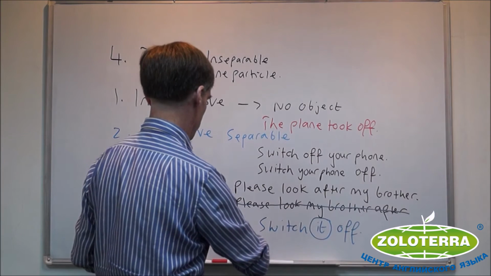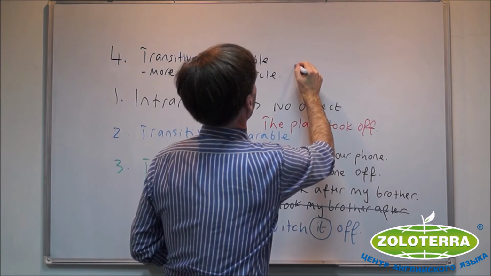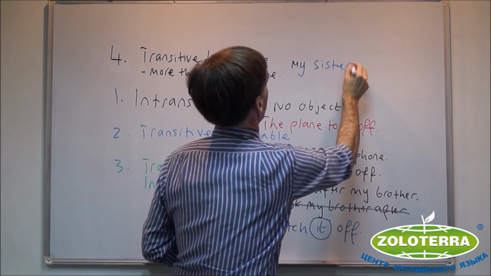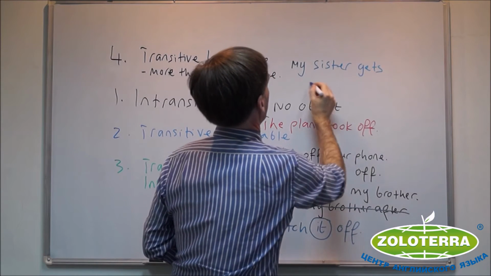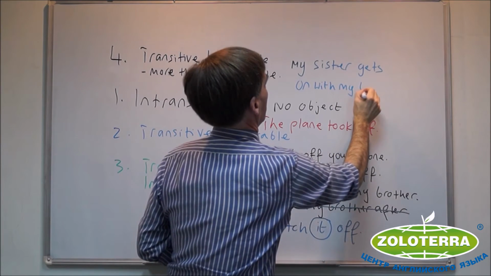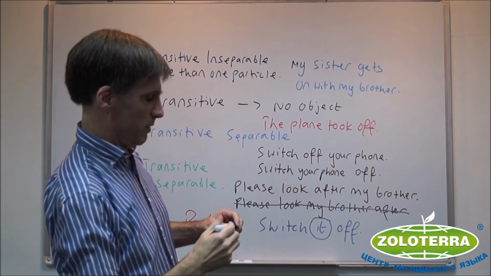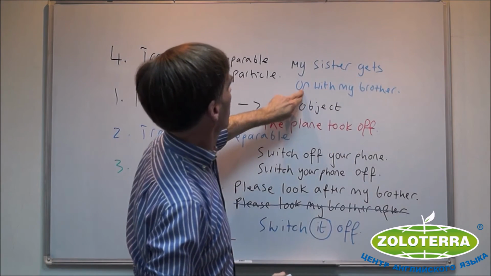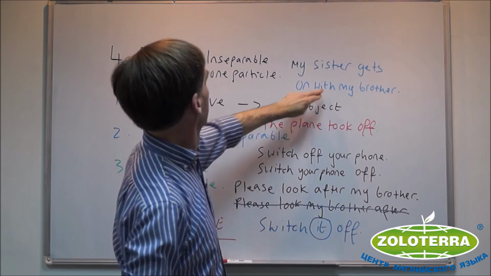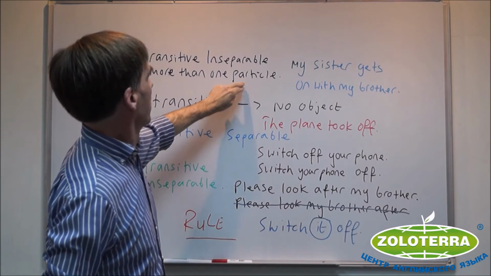Example: my sister gets on with my brother. This means that they have a good relationship, they're good friends. This is the verb, and we've got two particles. They cannot be separated. They must go together. So it's transitive inseparable, but there are more than one particle here.